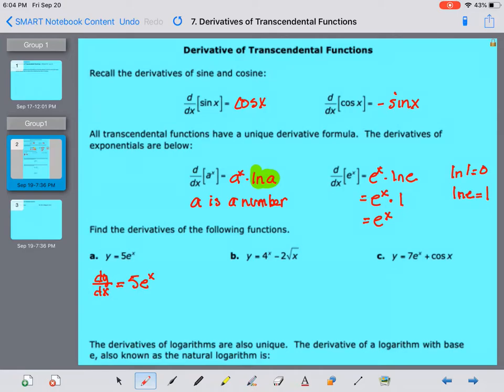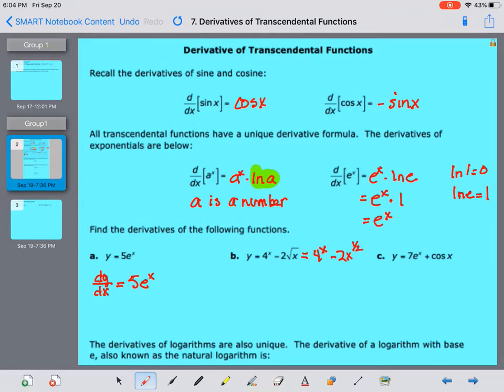Now the second one, that 4 to the x is the exponential, so I can use the rule above. But that 2 square root of x needs to be rewritten because it's not in power form. So we're going to do a quick rewrite to a positive 1/2 power. Remember, power over root.